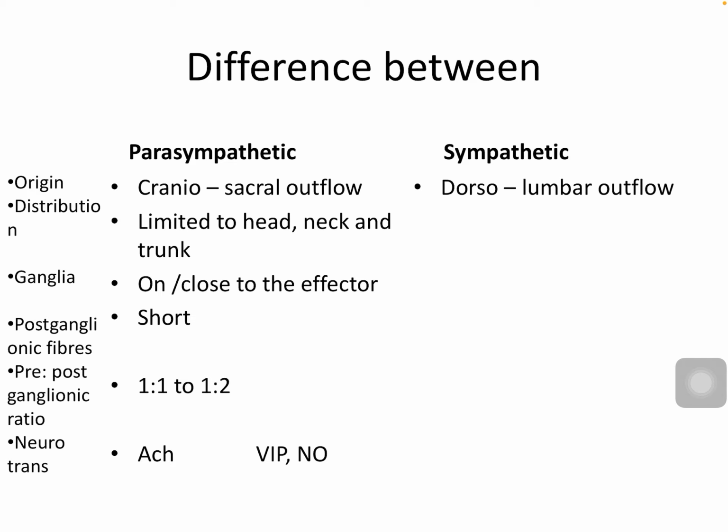Sympathetic originates from the dorsolumbar outflow, that is T1 to T12 spinal nerves, and L1, L2 and L3, in some cases the L4 spinal nerve. Distribution: widely distributed, that is almost all over the body. Ganglia: they are located away from the effector organ, so the postganglionic fibers are long.